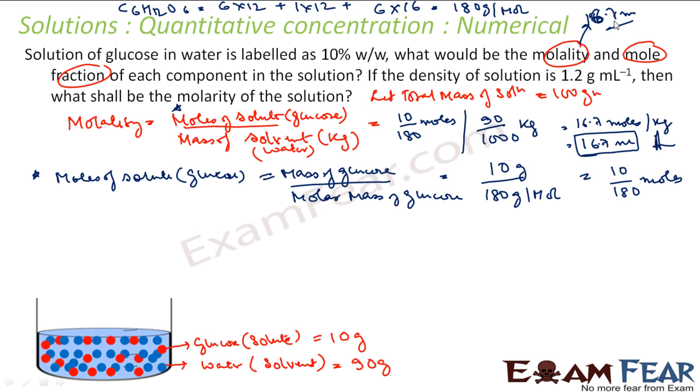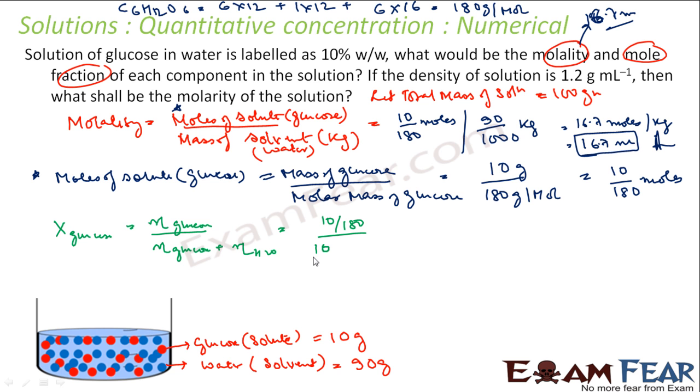The next is mole fraction. Let's suppose I have to find the mole fraction of glucose. That is nothing but moles of glucose by moles of glucose plus moles of water. Moles of glucose we have seen is 10 by 180.